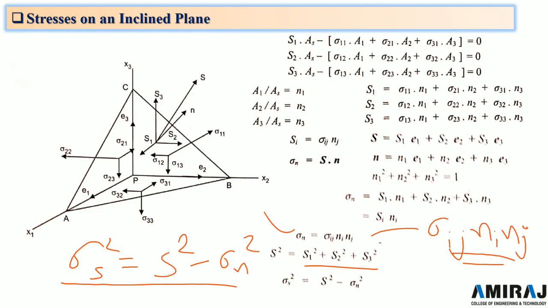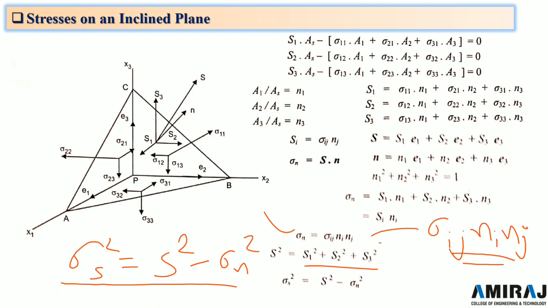These planes are called principal planes, and the normal stresses acting on them are called principal stresses. The planes on which the shear stress is 0 are called principal planes.